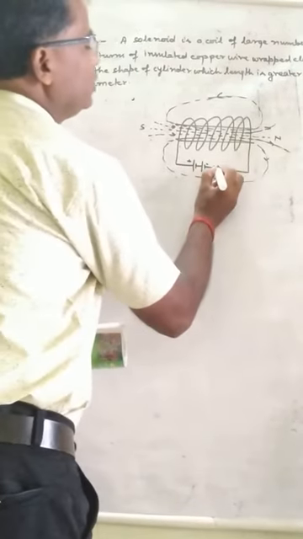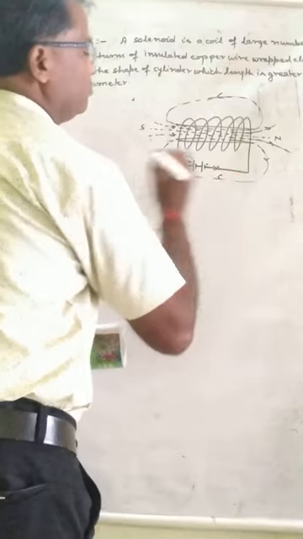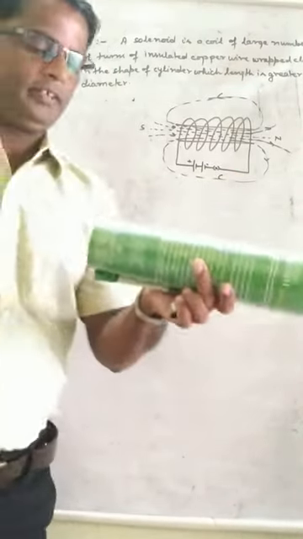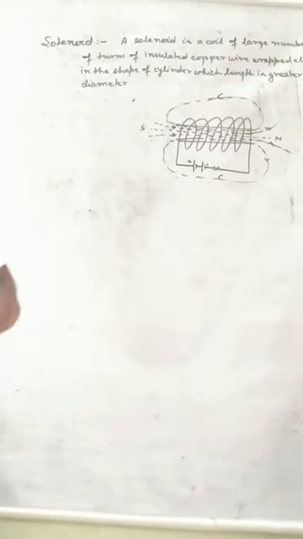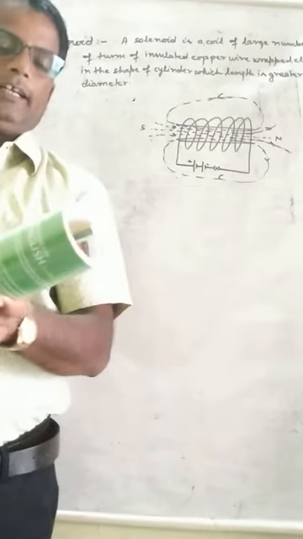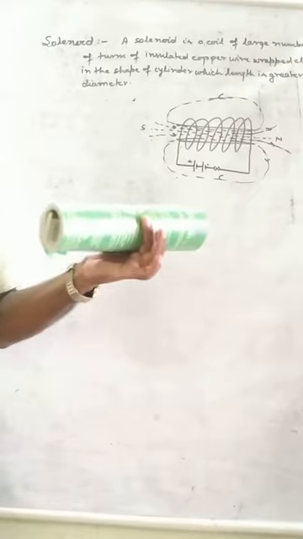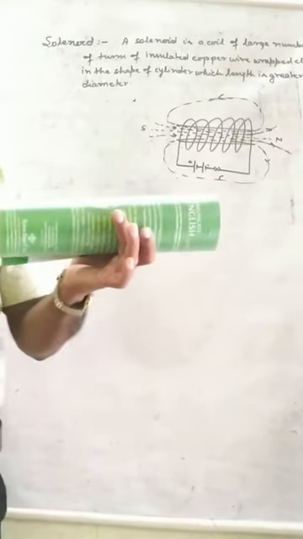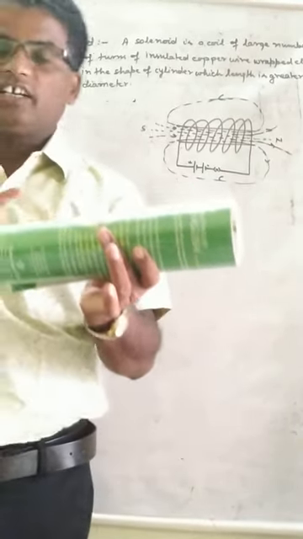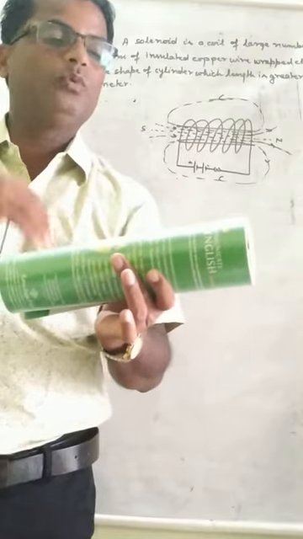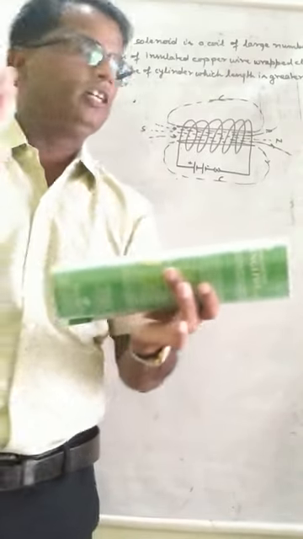When you close the circuit, then what happens? The magnetic field due to current carrying solenoid is more outside the solenoid.